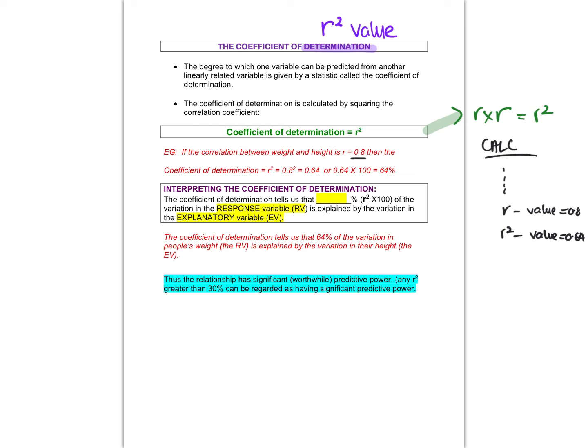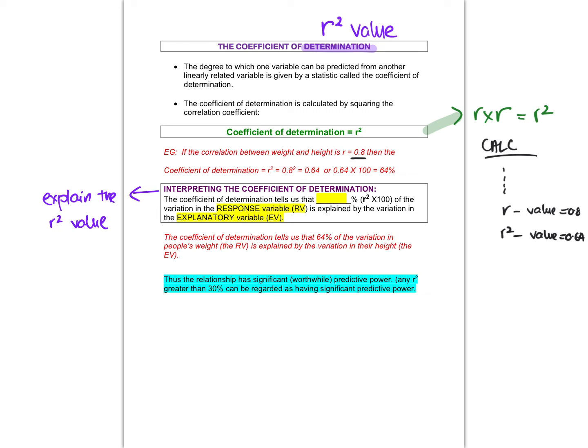So you generally have to explain the R squared. They might say explain or interpret. So maybe over here, I'd like you to write, when it says interpreting, so you might write when you're asked to explain the R squared value. You've got to write this statement.